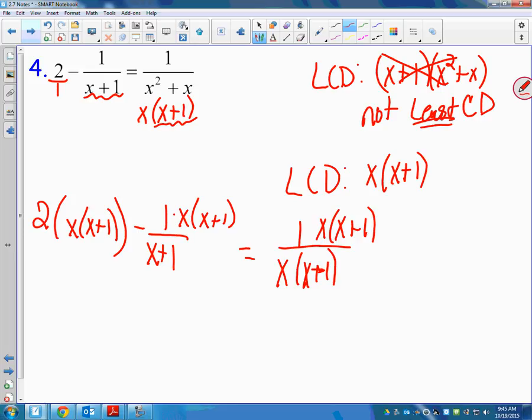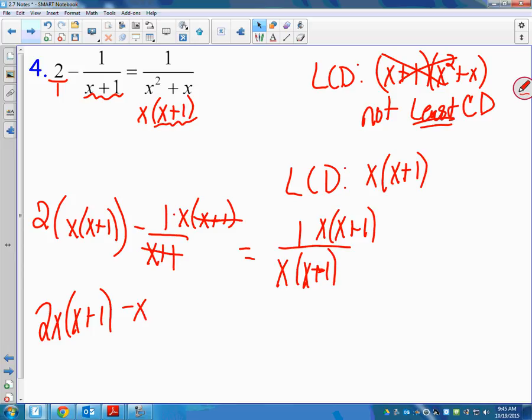So the first one, nothing crosses out. So I get 2x times x plus 1. You can distribute if you want. My x plus 1's crossed out, so I'm just left with minus x there, right? And then over here, super great, all of that crosses out. Then I'm just left with equals 1.